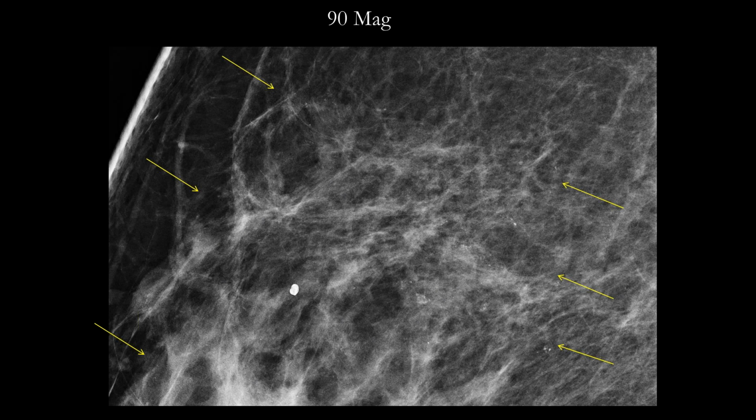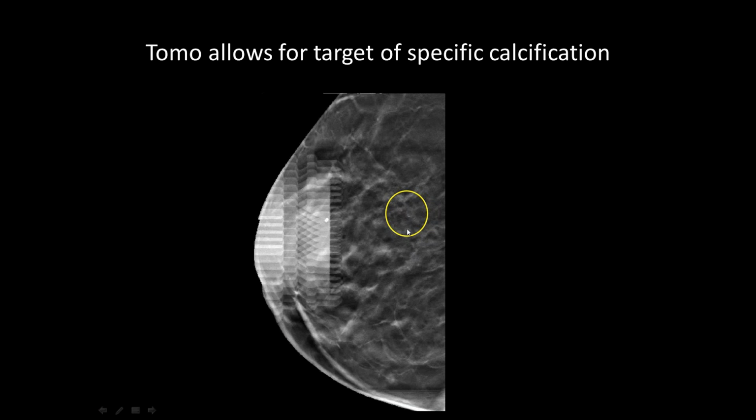You need a target on a stereotactic pair because you have to target the same focus of calcium on your angled views, and it can be very difficult when you see them all over the place as you do in this 90-degree magnified view. But with Tomo, you find one calcification that I want to target.